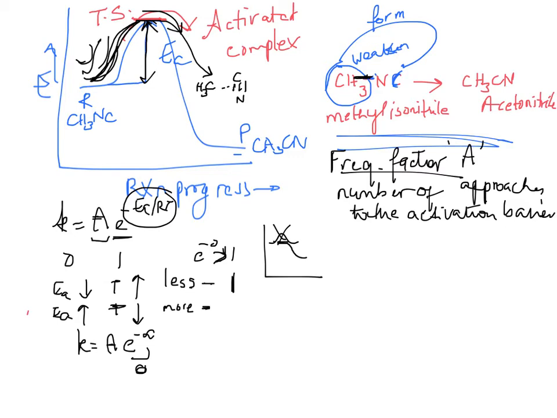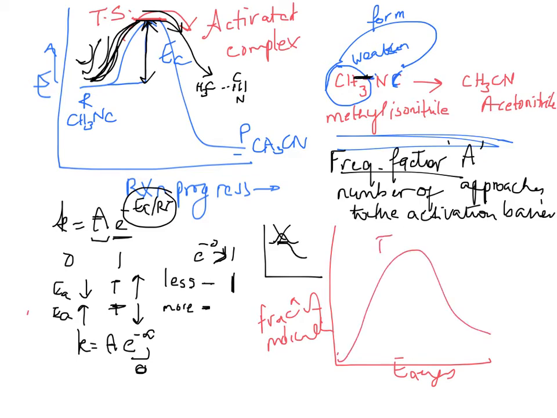So realize that if you were to plot perhaps the fraction of molecules versus energy, it essentially is a bell-shaped curve. Okay, and this is at some temperature, T1. And as you increase the temperature, T2, it flattens out a little bit.